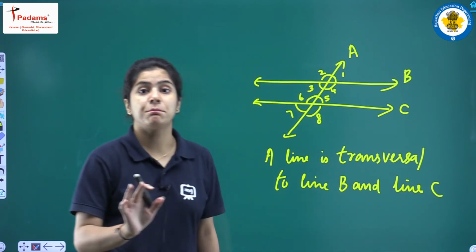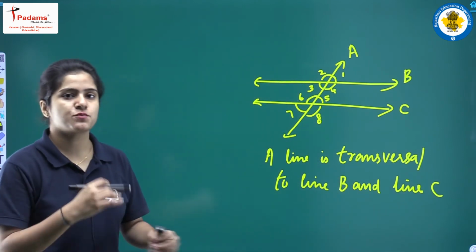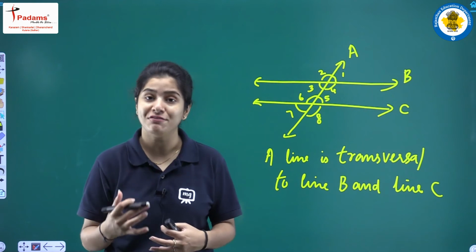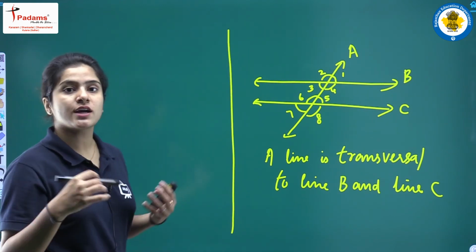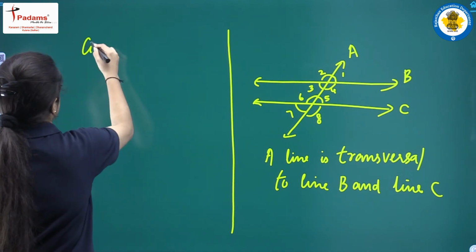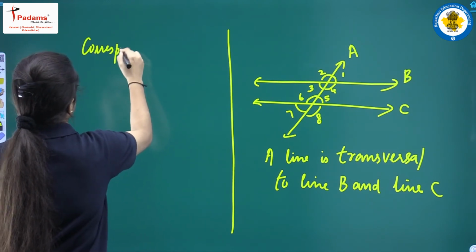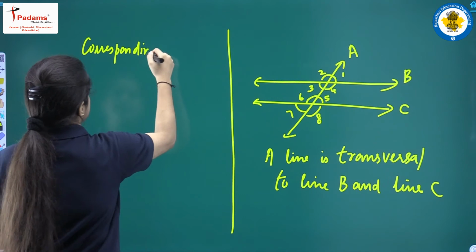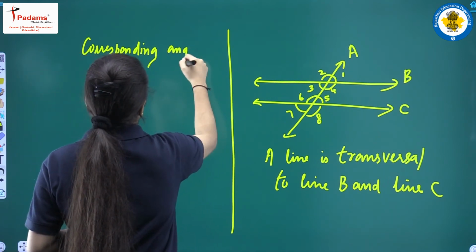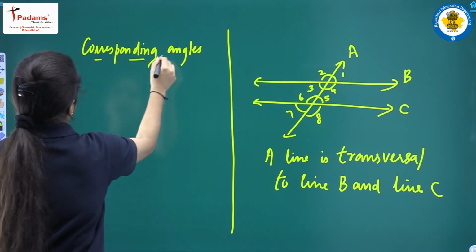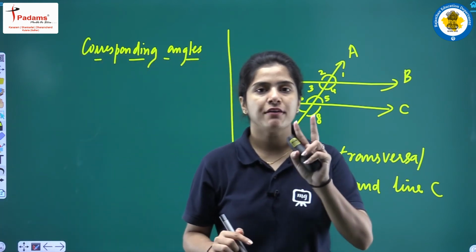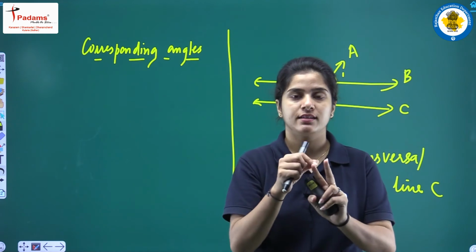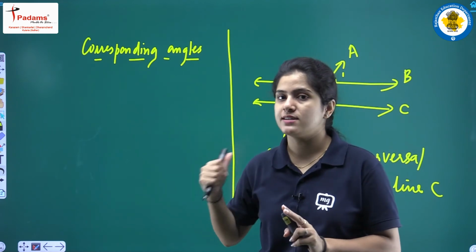I am just giving you a brief review of what we have learned, okay students. So firstly we will be talking about the corresponding angles. If we are talking about corresponding angles, I have told you two main key points about what corresponding angles are.